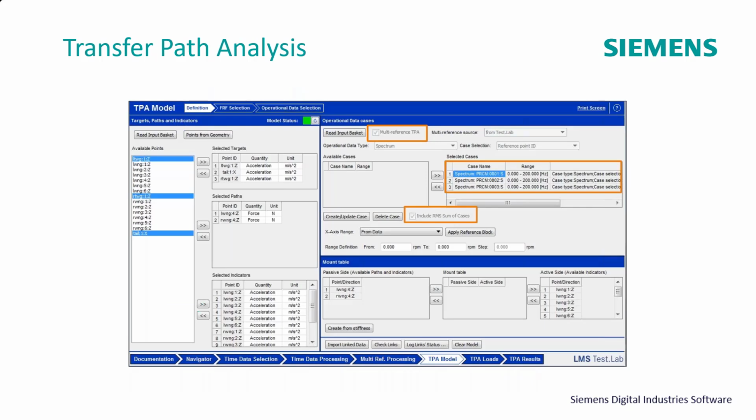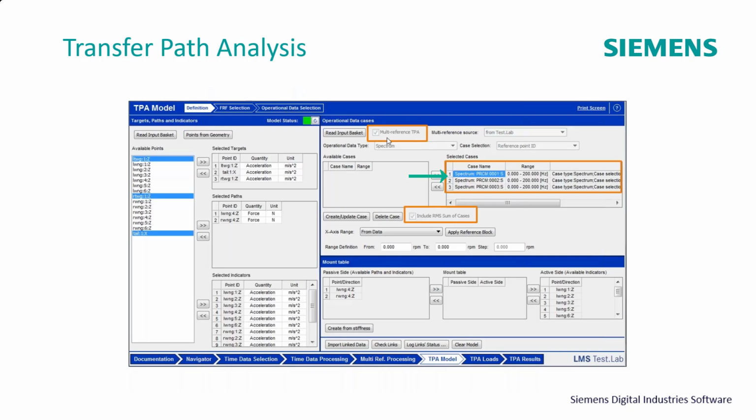And then the trick with multi-reference TPA is to turn on multi-reference TPA on the right side underneath operational data cases. And then once I turn on multi-reference TPA, it's going to look for principal components in the input basket. So you can see my selected data cases are PRCM number 1, PRCM number 2, PRCM number 3.